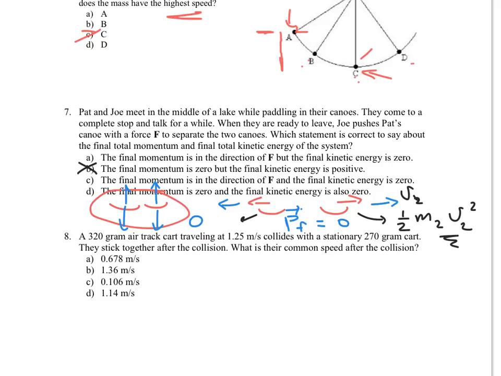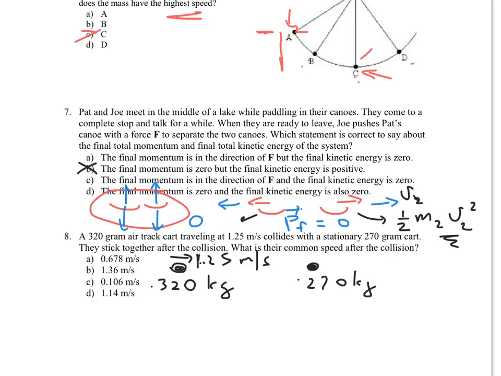So you basically have a cart traveling at 1.25 meters per second, and you have a second cart. This is 320 grams or 0.320 kilograms. This one is 0.270 kilograms, and this is stationary, which means that it is at rest.